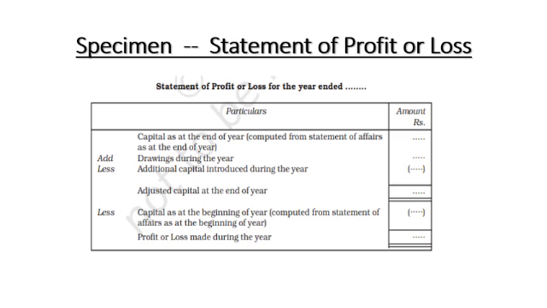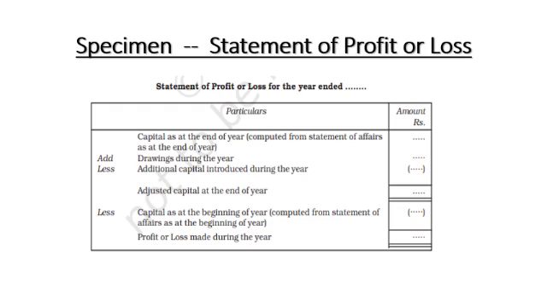Then the total drawings withdrawn by the owners for personal use and the additional capital introduced by the owners during the accounting period. Then the capital needed at the beginning, if it is not given, can be derived by using the opening statement of affairs balance sheet items, which will help to derive the opening capital. These items are required.